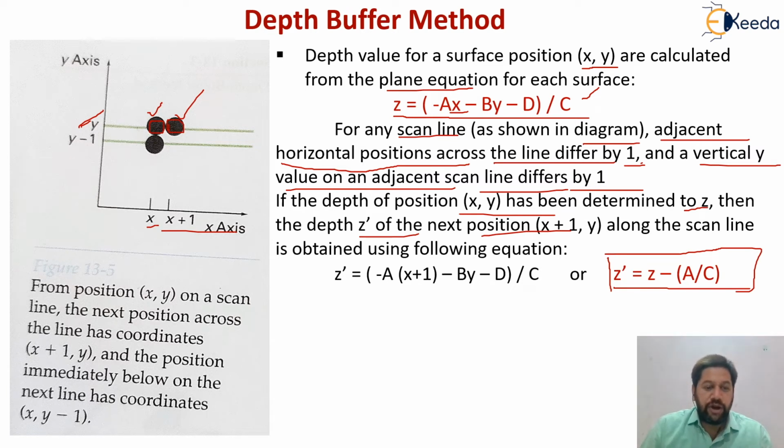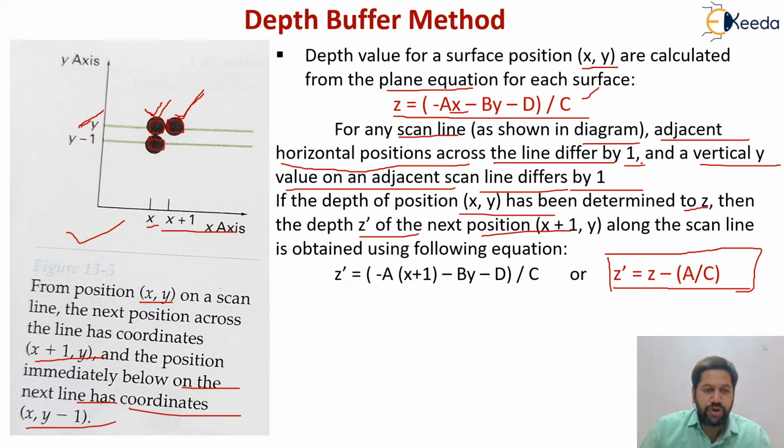Let us understand this. Again, I come back to this particular diagram. From position x comma y on the scan line, the next position across the line is x plus 1 comma y. The position immediately below on the next line has coordinate x comma y minus 1. So this is my below position, and this is my next position.